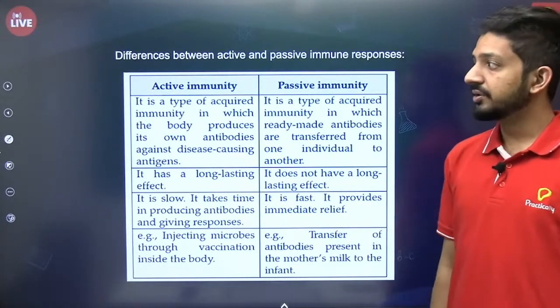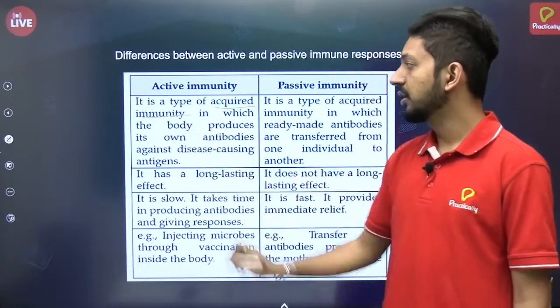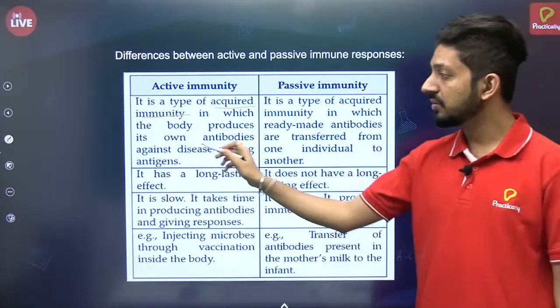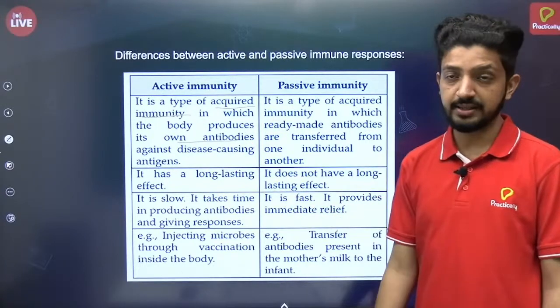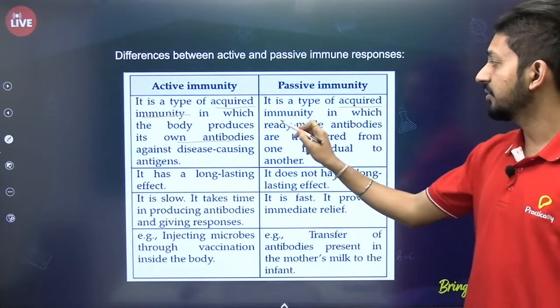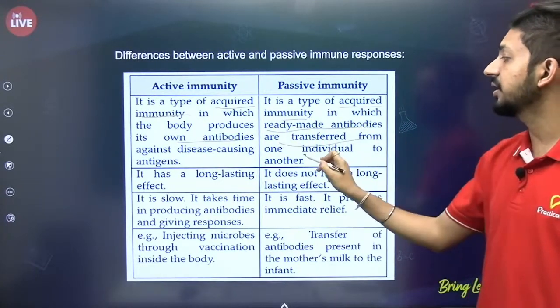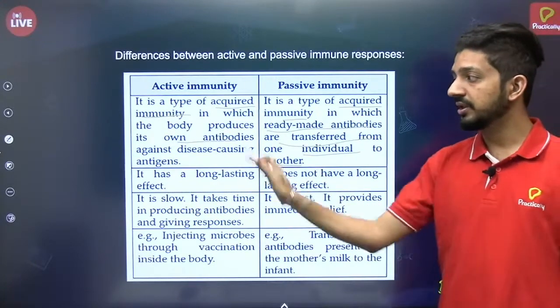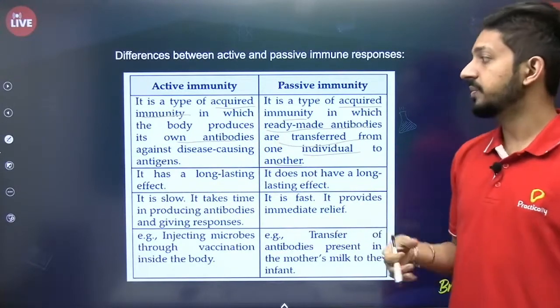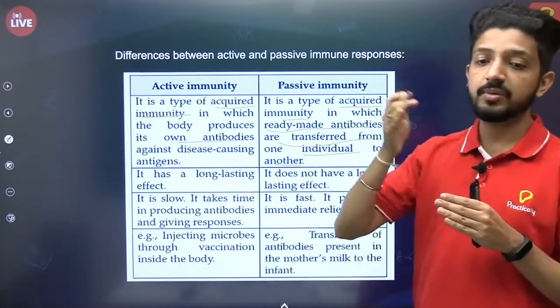Active response is a type of acquired immunity in which the body produces its own antibodies against the disease causing antigens, whereas passive immunity is also a type of acquired immunity in which ready-made antibodies are transferred from one individual to another individual. So in this, the body is producing its own antibodies, whereas in this the antibodies are transferred from the other individual.